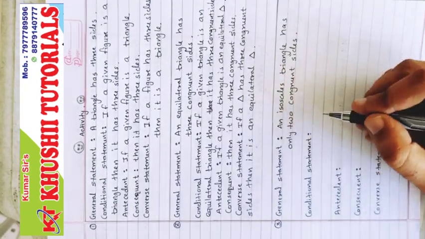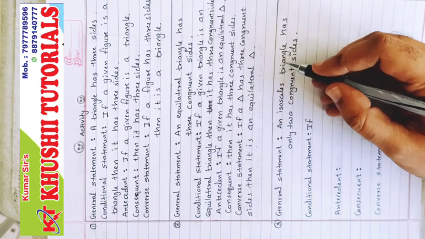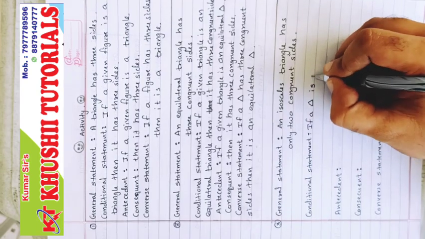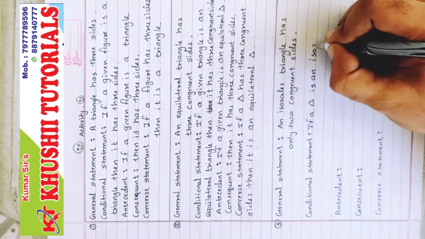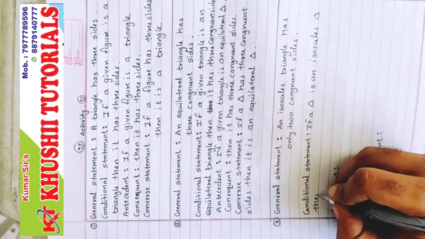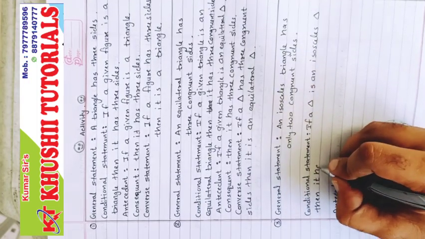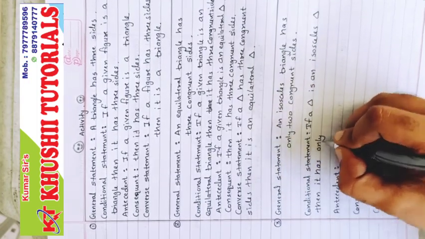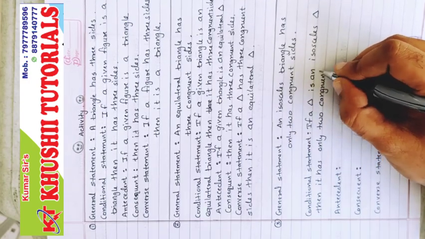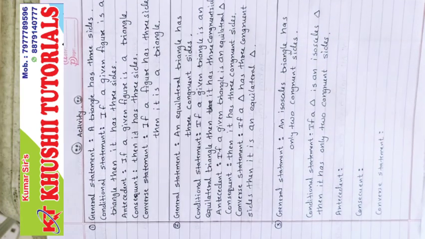So the conditional statement, if and then: if a triangle is an isosceles triangle, then it has only two congruent sides. Correct? So if and then we have used.